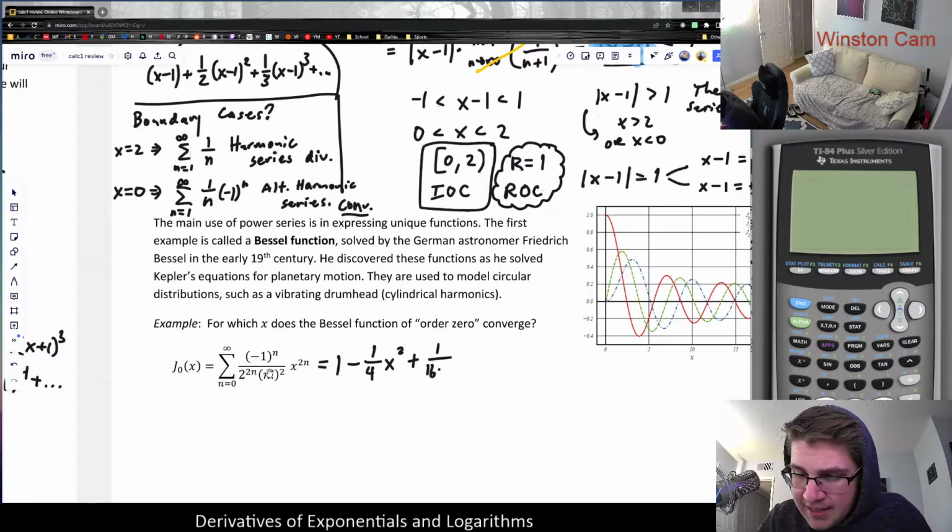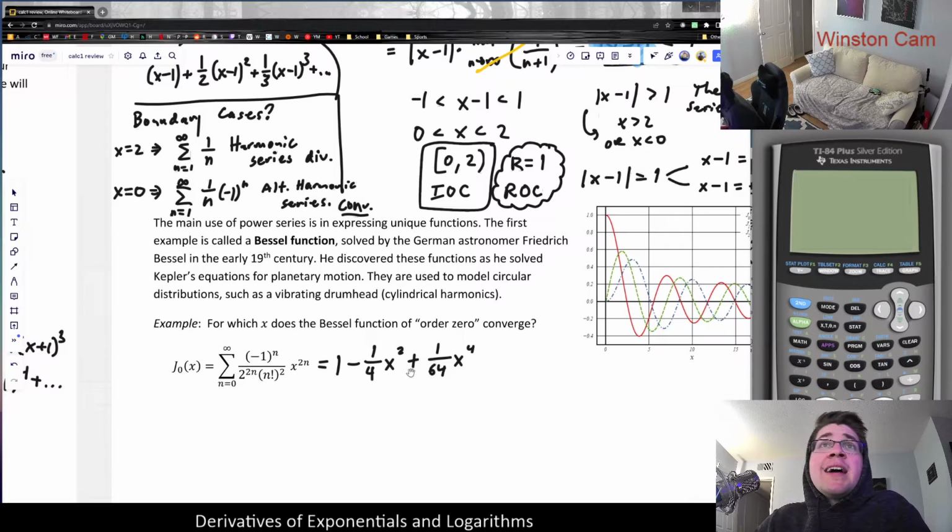So 16 times 4, that's actually just 64. I'll go ahead and write this number out. But essentially, that number is going to get really crazy, because it's a combination of a factorial squared with an exponential. And then our power will be x to the fourth power when n is 2.